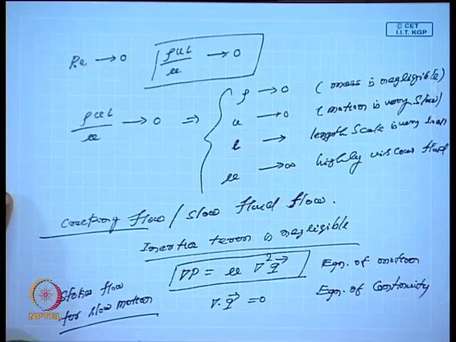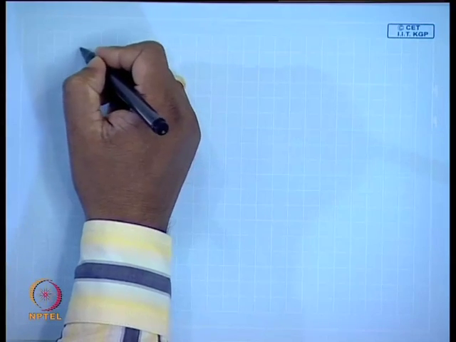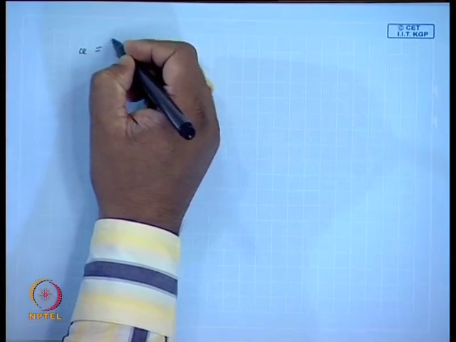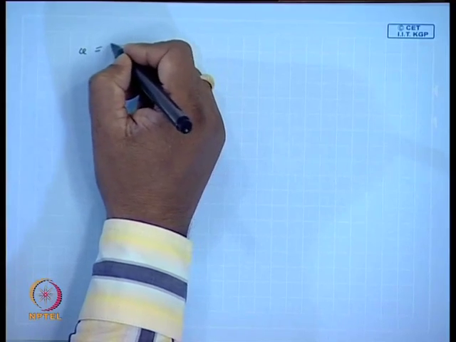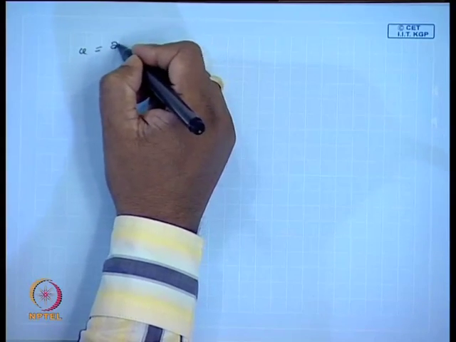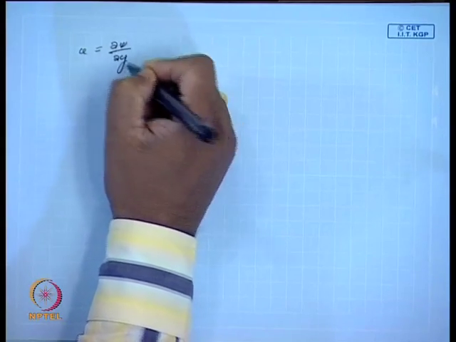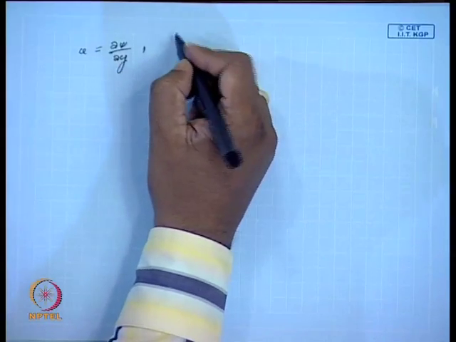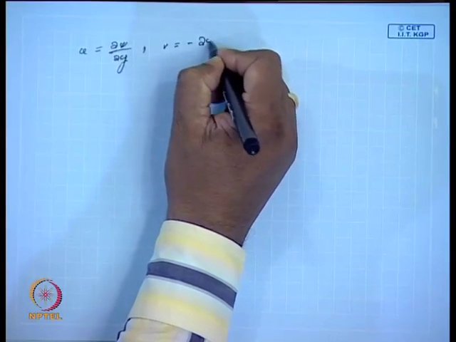Now, I have grad p is mu del square q bar. What will happen if I introduce the stream function psi? So u will be del psi by del y, and the velocity component v will be minus del psi by del x.